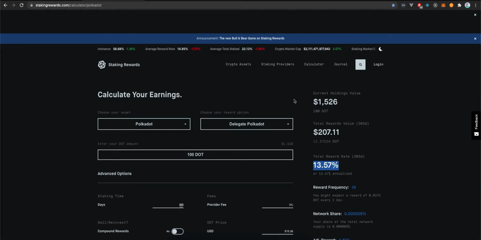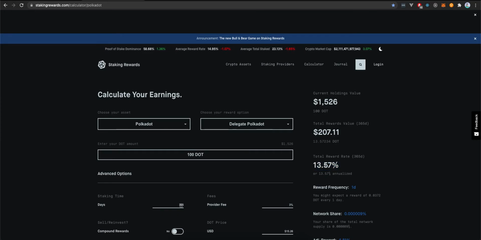To calculate how much reward percentage you're going to get in the end, you have to subtract the inflation from the total reward rate, which means that if the inflation is 10% and the total reward rate is 13.5%, your net reward for Polkadot is going to be 3.5%.